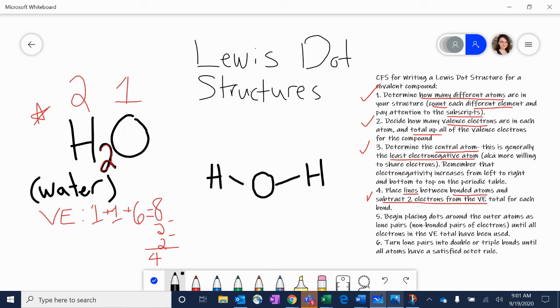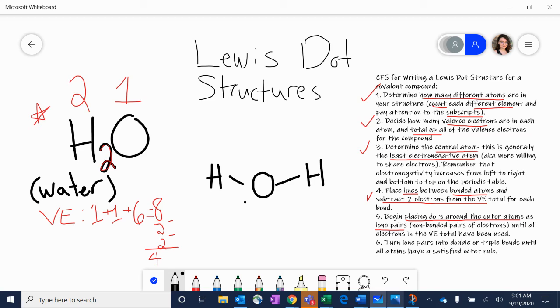Now I'm going to begin placing dots around the outer atoms as lone pairs until all electrons have been used. Now, again, this is one place where this rule isn't entirely true. I can't fit any more electrons on my hydrogens. So in this case, I'm going to have to put them on my oxygen.